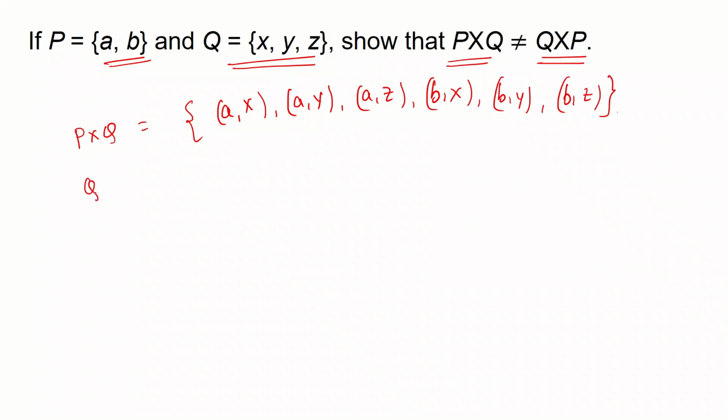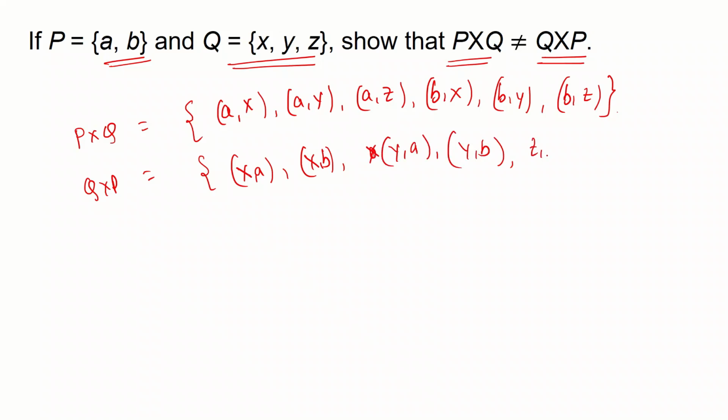And if we write down Q cross P, then the ordered pairs will switch their positions like so. The first element will be an element from Q and the second element will be an element from P. So the elements would be (x, a), (x, b), (y, a), (y, b), (z, a), and (z, b).